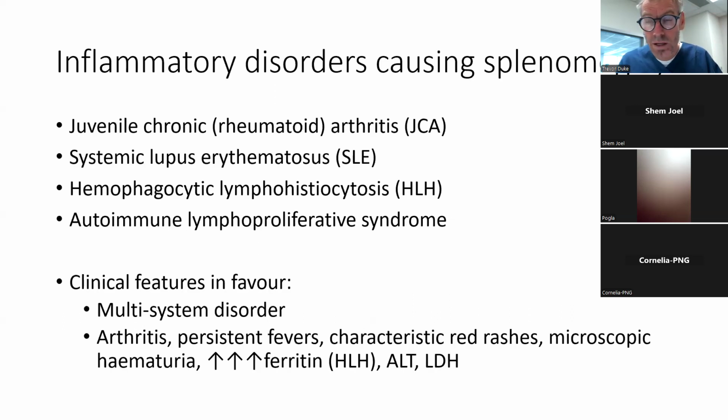And then there are some less common but important causes of splenomegaly that are immune dysfunction or autoimmune or inflammatory causes, like juvenile chronic arthritis or systemic lupus erythematosus, or there's a condition called hemophagocytic lymphohistiocytosis, or HLH, which is not very common, but when you see it, it looks a lot like a child's got severe systemic inflammation or sepsis syndrome.